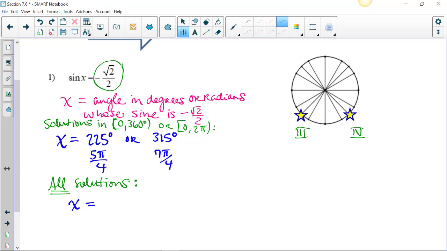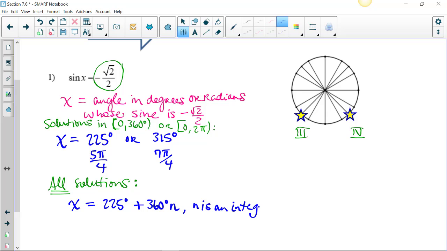So if I start in degrees, I say, okay, well, it's an angle of 225 degrees or any angle coterminal. That means we need to add and subtract multiples of 360. But if we say integer multiples of 360, then that does the adding and subtracting for us.